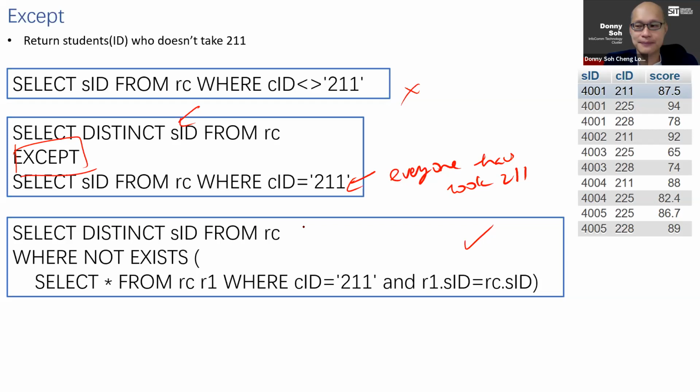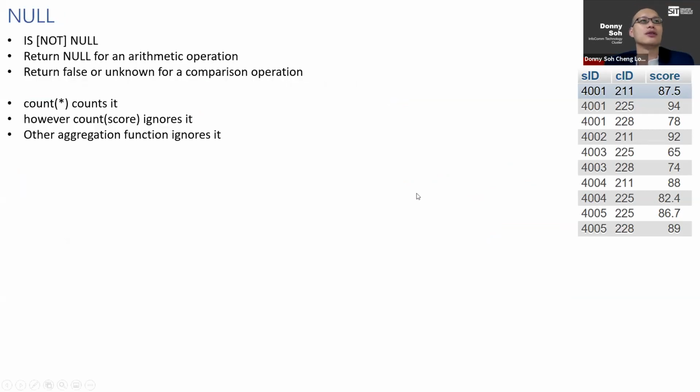Okay, so far okay? Just a few more slides. So this is the ability for us to query for a null cell, if one of your rows is null.